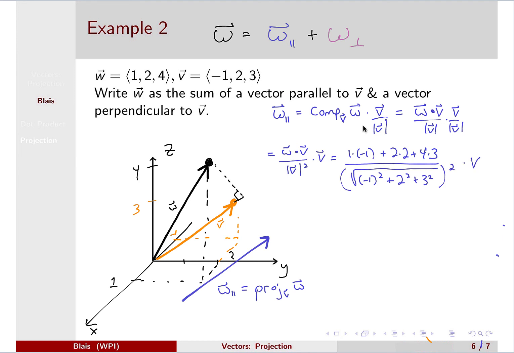And then we multiply this by the vector v. So this becomes -1 plus 4 plus 12, all divided by 1 plus 4 plus 9 times v, or here we have 15 in the numerator, and in the denominator we have 14.